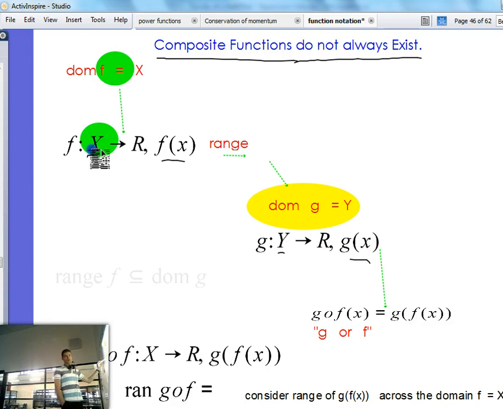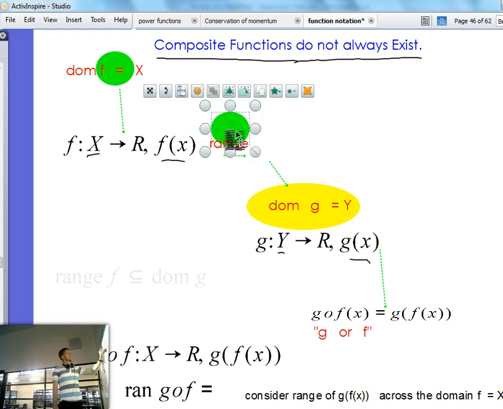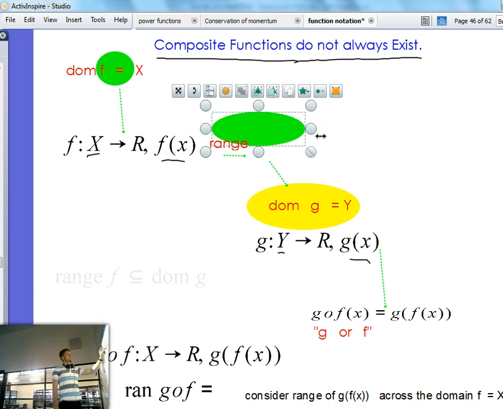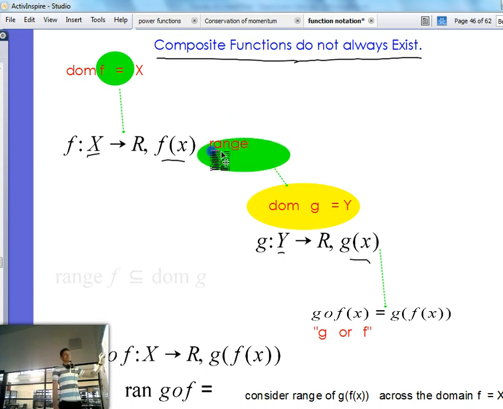So we've got a domain for our f function, and when that gets put into a function and the y values are calculated, it turns into the range. And this is not always the same size. Sometimes that's maybe a little bit bigger than the domain, and it looks like this.